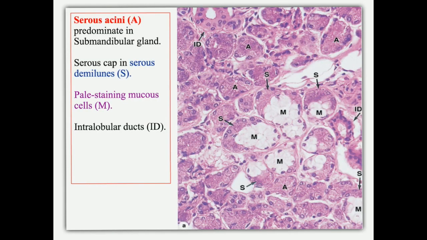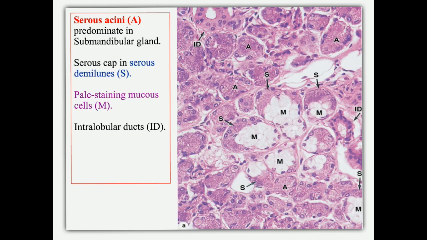This is again a picture of the submandibular gland of a human being, where the major type of acini is the serous acini. We have a smaller number of mucoserous acini, where this is the mucus cells and these are the serous cells forming the crescent of Gianuzzi. Also, this is the intralobular duct or striated duct, or sometimes it is called the secretory duct, as it produces secretion, and nothing else here.